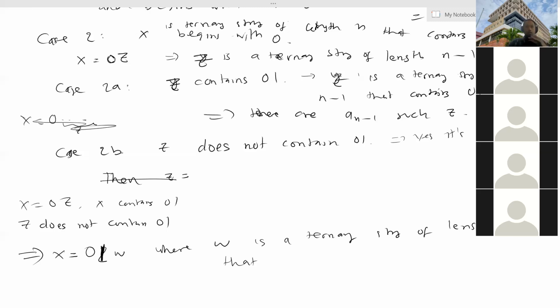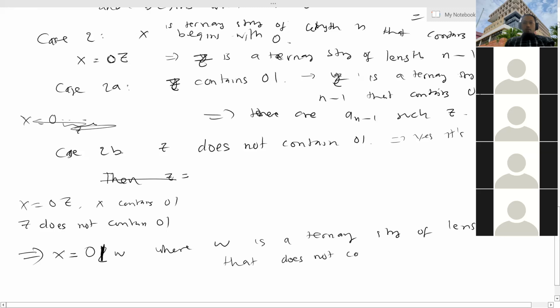Why? Because Z does not contain 0, 1, and the first digit of Z is 1. Correct.